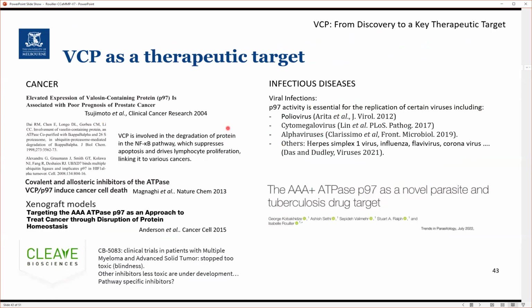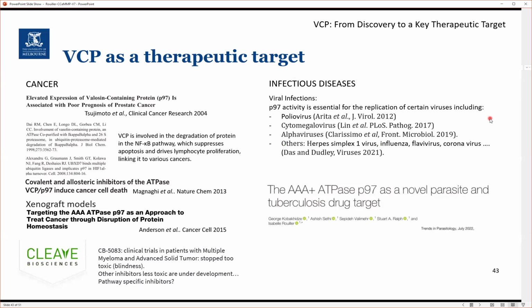Okay, so I'll shift gear a little bit now. Why is VCP so interesting? It's a rare disease, but it also has been identified as a therapeutic target for cancer treatment, where first of all VCP was shown to be at elevated level in cancer cells, all the way to showing that inhibiting VCP in xenograft models was relevant for treating cancer.